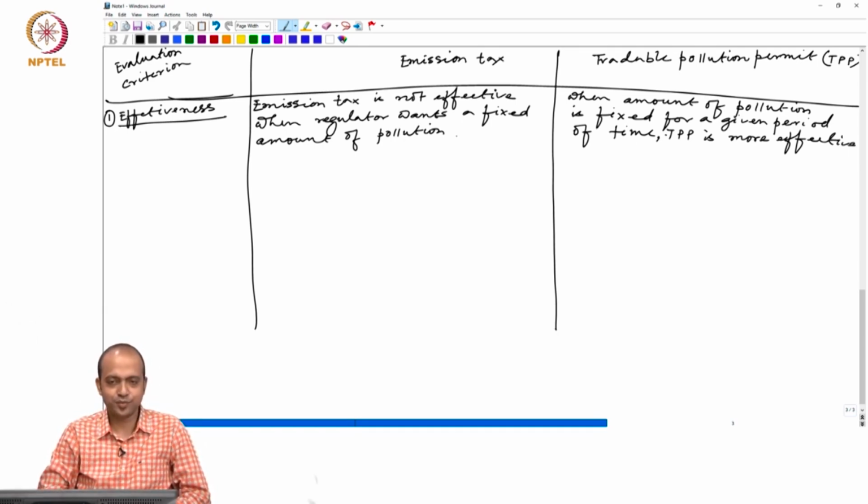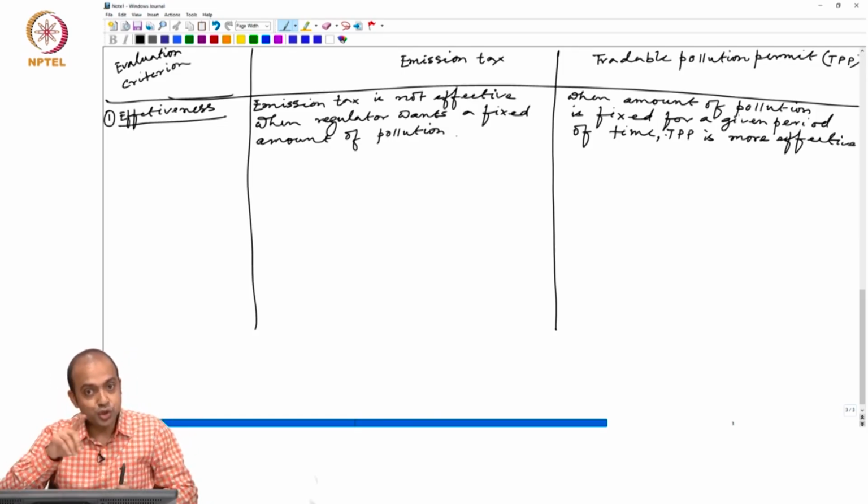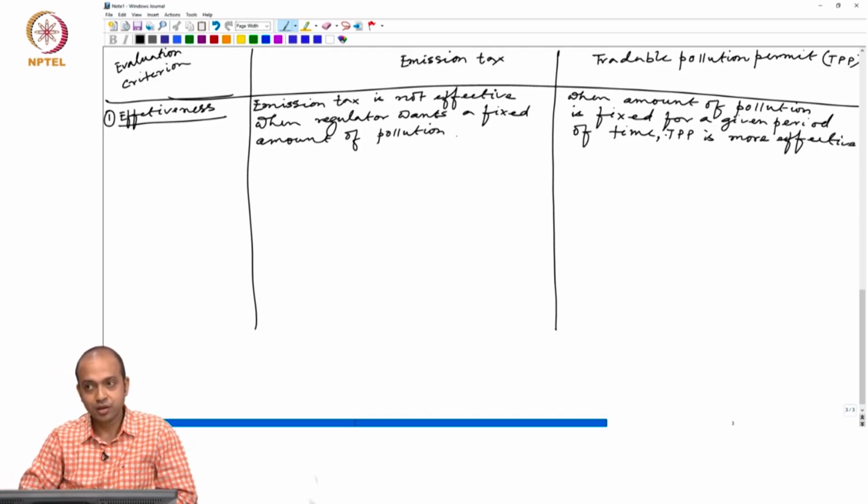On the other hand, let us say that the regulator's objective is not to get a fixed amount of pollution, rather the objective is to design a policy which will ensure certainty as far as control cost is concerned.